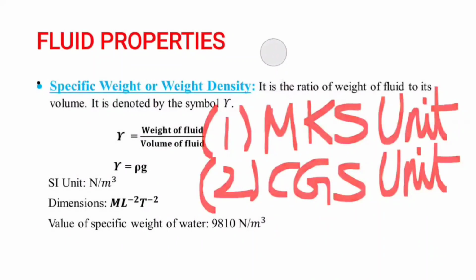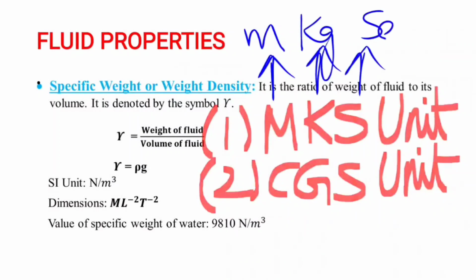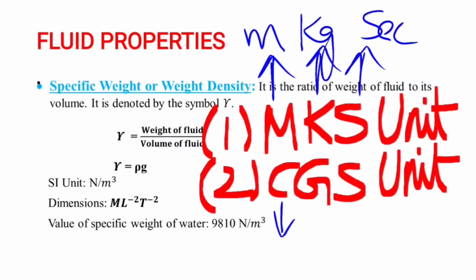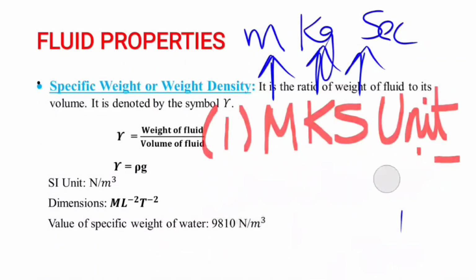In MKS, M refers to meters, K refers to kilogram, S refers to seconds. In CGS, C refers to centimeters, G refers to grams, S refers to seconds. Hope it is understood.